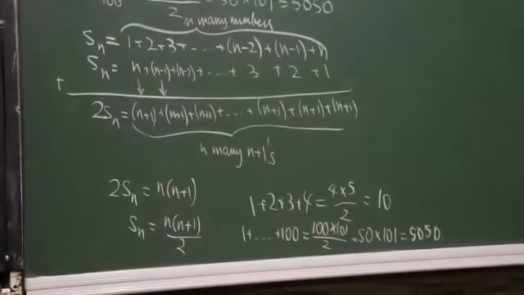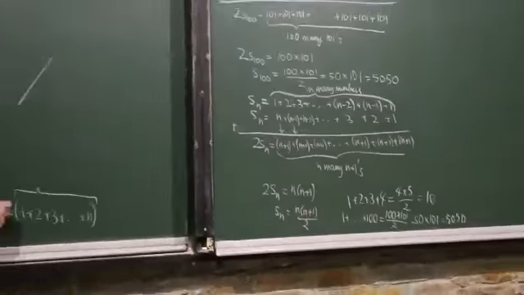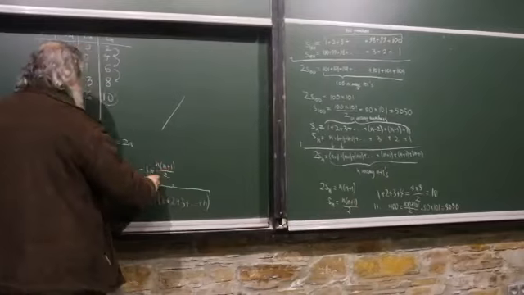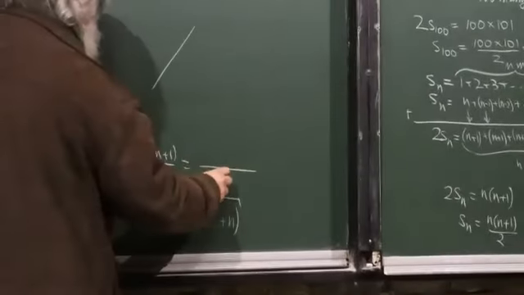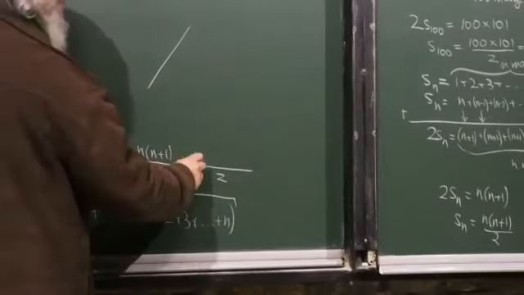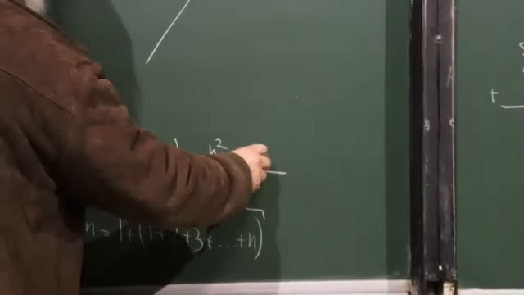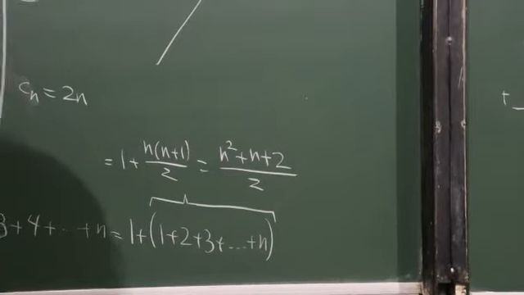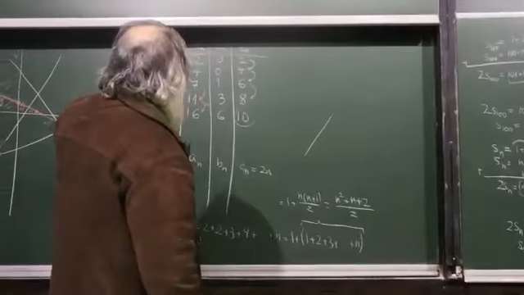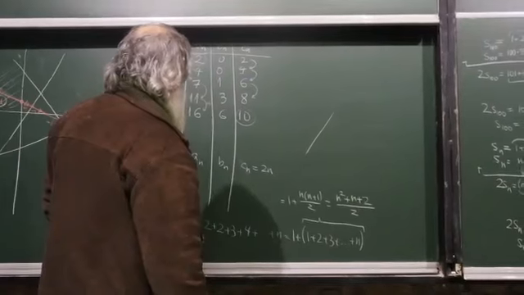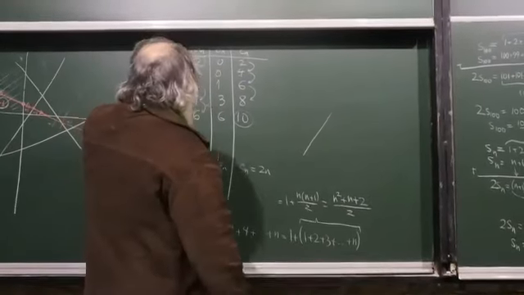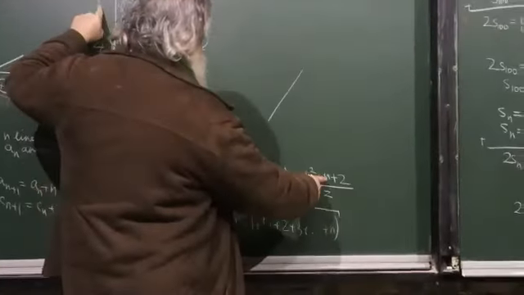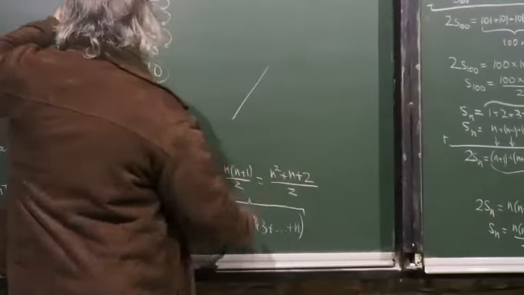So this is equal to, I have 1 here plus n times n plus 1 over 2. Bring to the same denominator, 2 here, n squared plus n plus 2. Let us see. If n is equal to 0, yes, if n is equal to 1, you get 1 plus 1 plus 2, 4. 4 divided by 2 is 2.